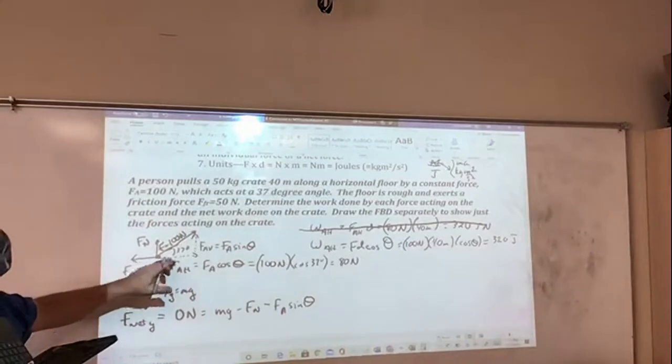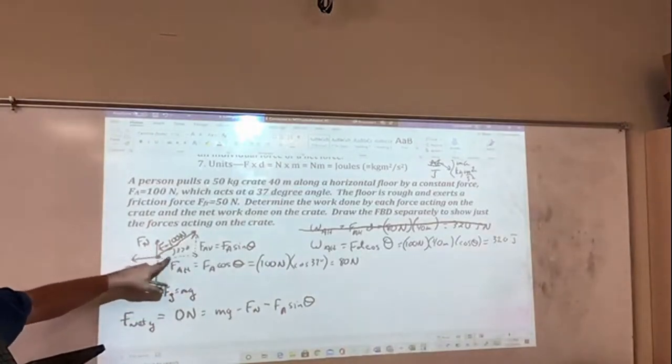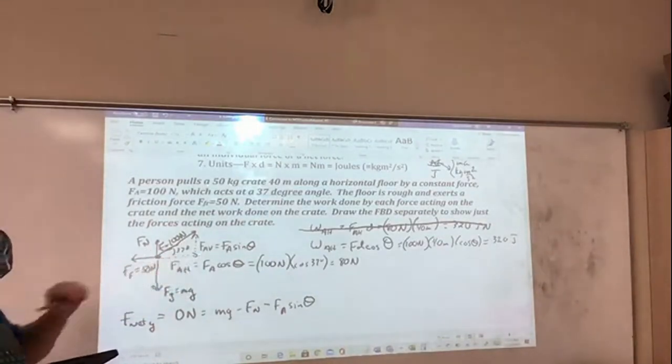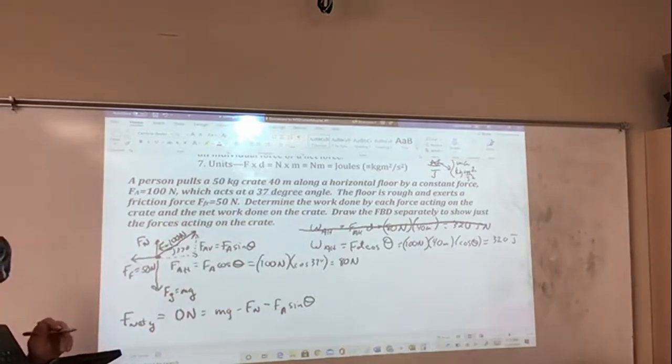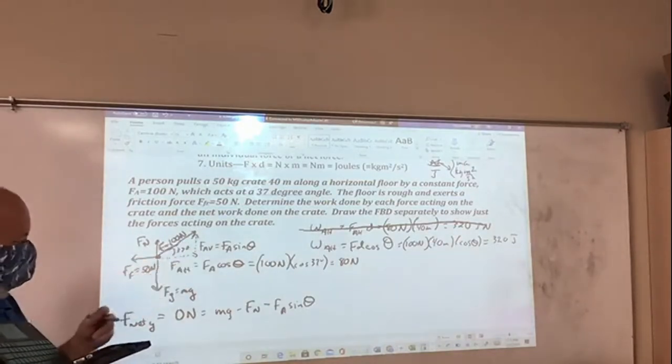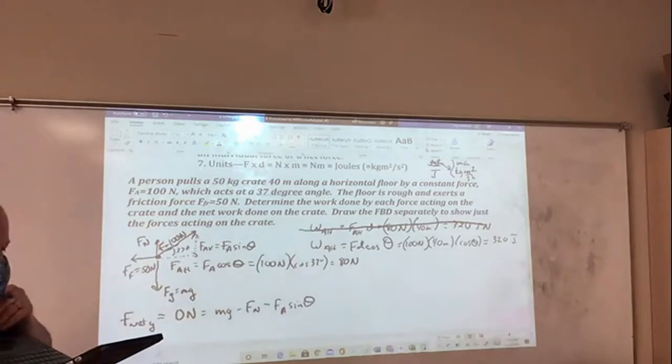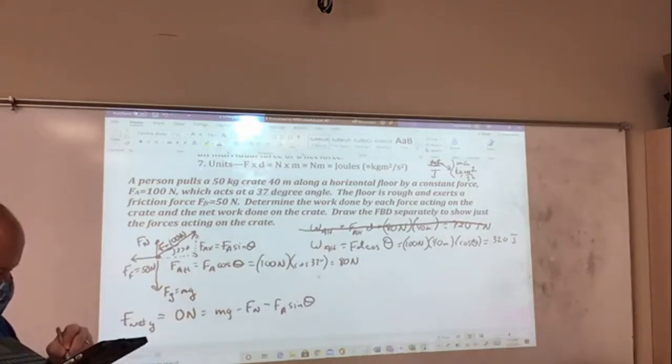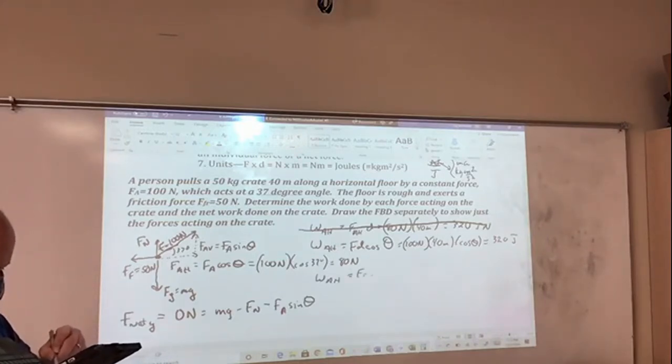Now, what if all of my force had been in the horizontal direction? This still works. Let's suppose that instead of having 100 newtons at 37 degrees, I have 100 newtons at 0 degrees. The work applied in the horizontal direction is still FD cosine of theta, equals 100 newtons times 40 meters.